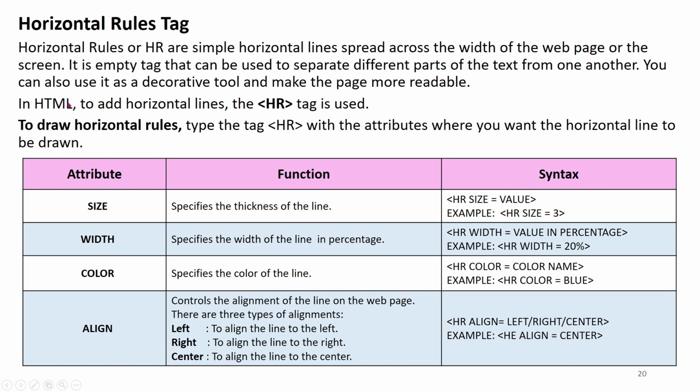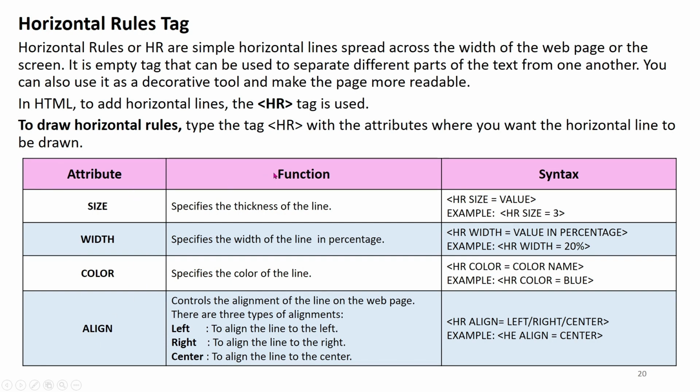In HTML, to add horizontal lines, the HR tag is used. To draw horizontal lines or to draw horizontal rules, type the tag HR with the attributes where you want the horizontal lines to be drawn. So these are the attributes of HR tag: size, width, color and align.